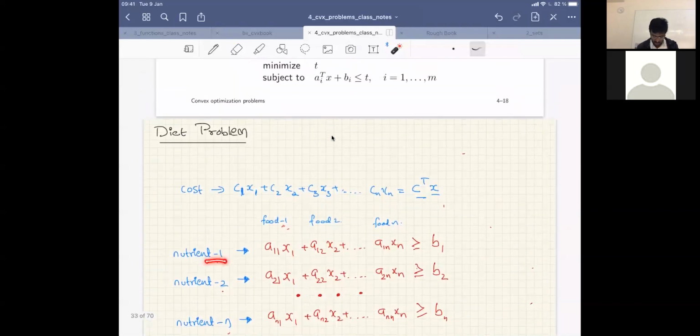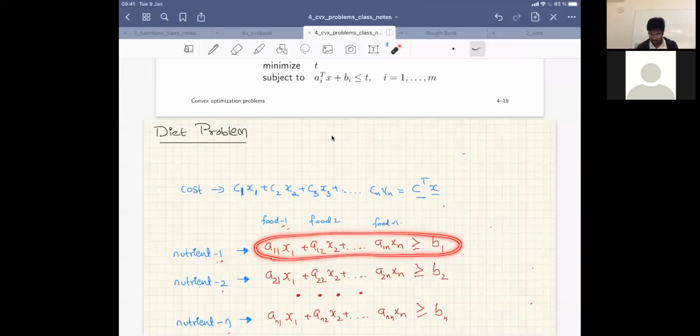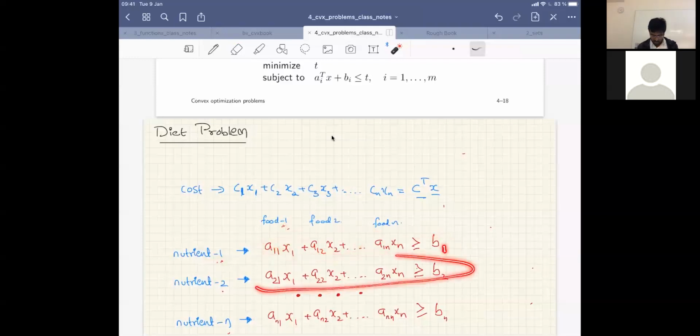So for nutrient 1, for food 1, you are taking x1 amount. For unit amount that has A11 amount of that particular nutrient, A12, like that. So this will give this inequality that has to be less than b1. For the second nutrient, again less than b2, like that.